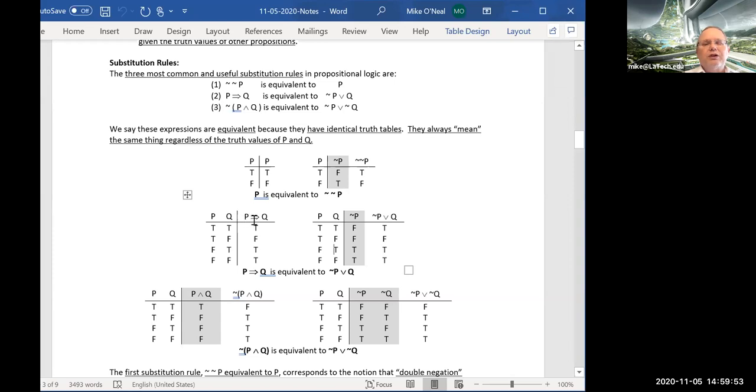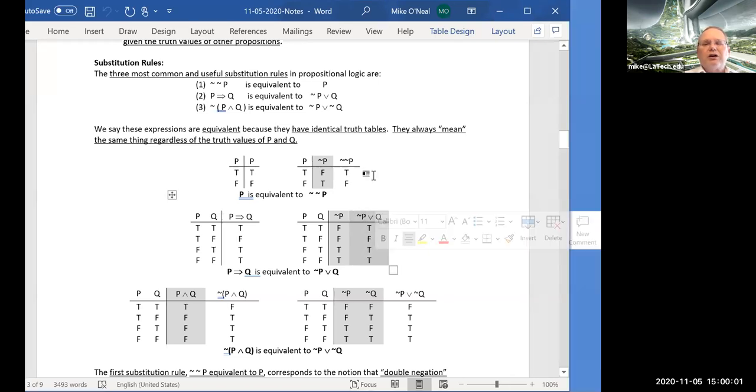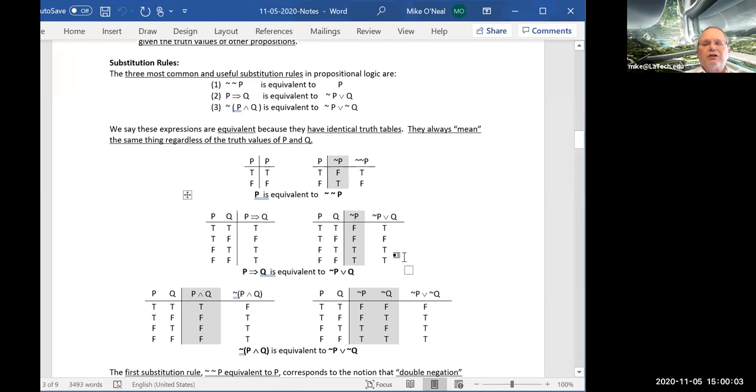And I said it could be derived from ands, ors, and nots. Well, we didn't need the and, but here is how you derive it from not and from or.